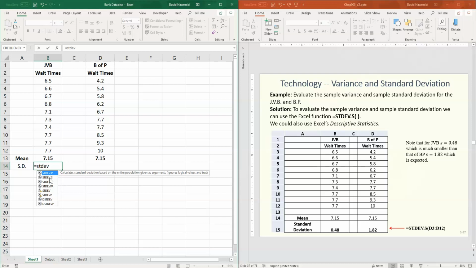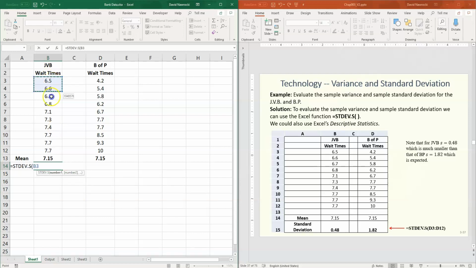Most of the time, that's the one you want to use, because most of the time your data comes from a sampling and not the entire population. If you had the data from every score in the entire population, you would use stdev.p. So we want to use stdev.s for standard deviation from a sample. So we use that one.